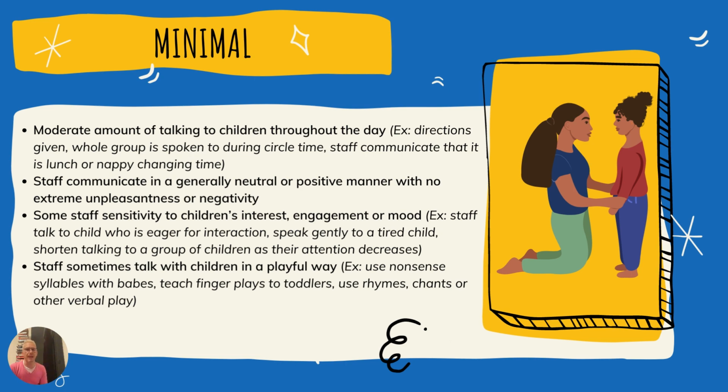Moderate amount of talking, but focused on direction or whole group, addressing the whole group rather than individual children. Staff communicate in generally a neutral or positive manner with no extreme unpleasantness or negativity.